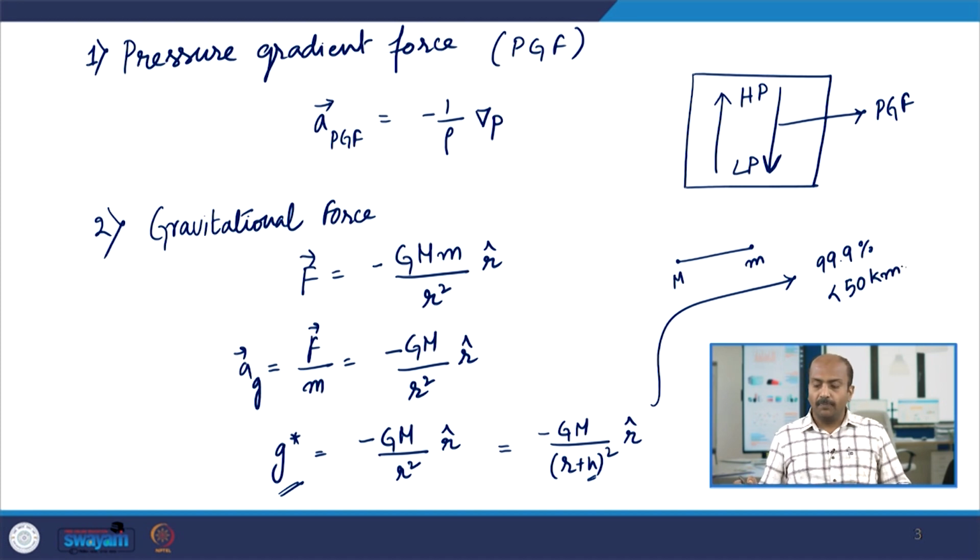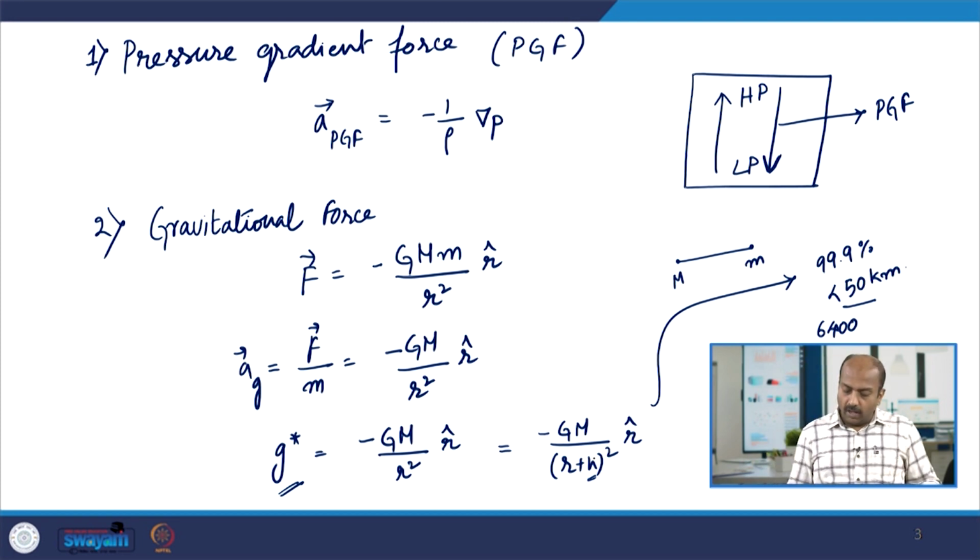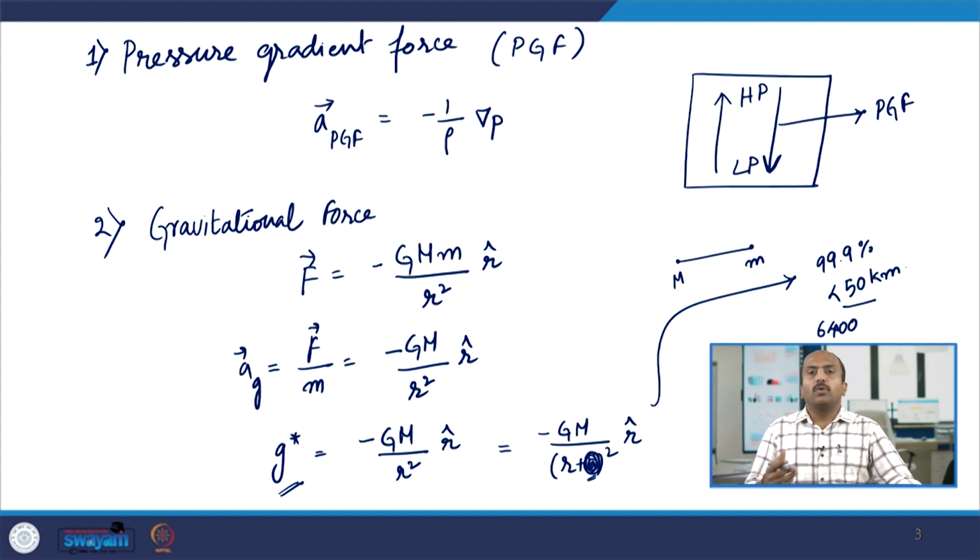You know that very well, right. So, what does it mean? This 50 kilometers is nothing in comparison to the radius of the earth, which is 6,400 kilometers. So, if you add or subtract this small number h, it will not really matter. So, for calculations dealing with the Earth's atmosphere, you do not have to bother about the variation of gravity with respect to height, as long as you are talking about the Earth's atmosphere.